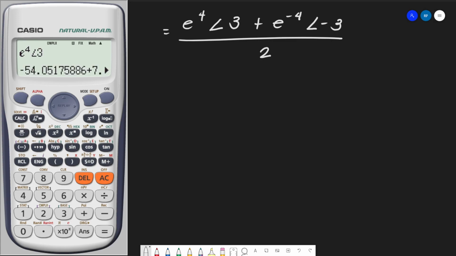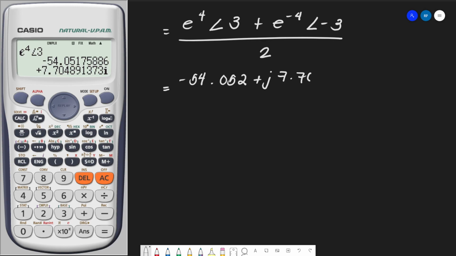So, this is equivalent to what? We have here negative 54.052 plus j 7.705, plus e raised to negative 4 angle negative 3.